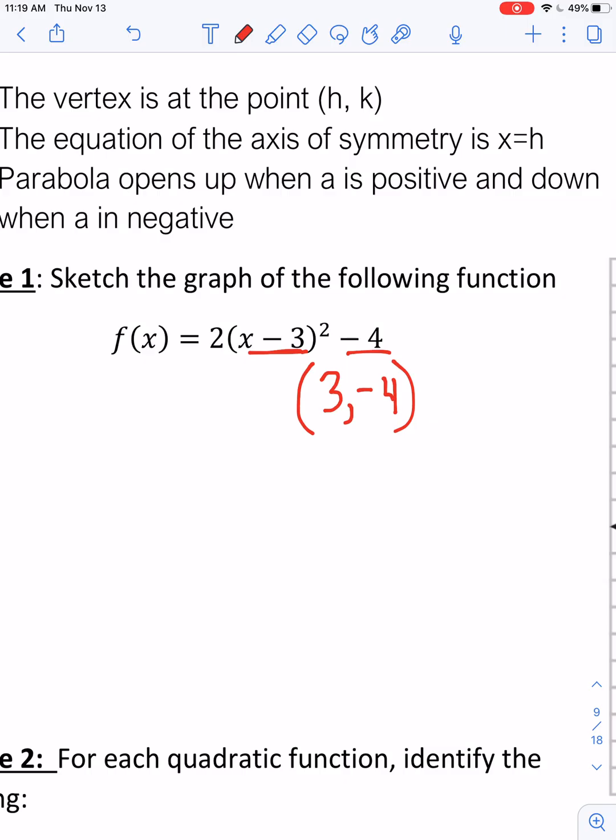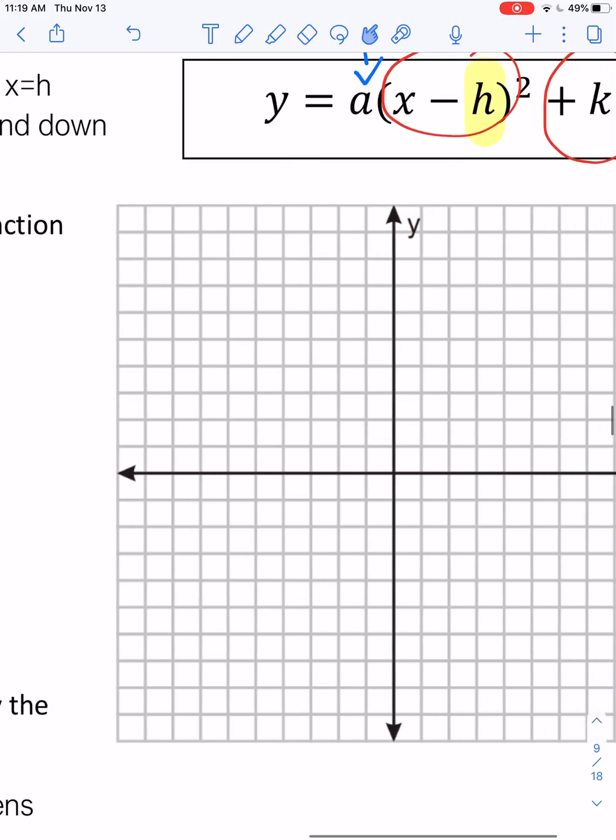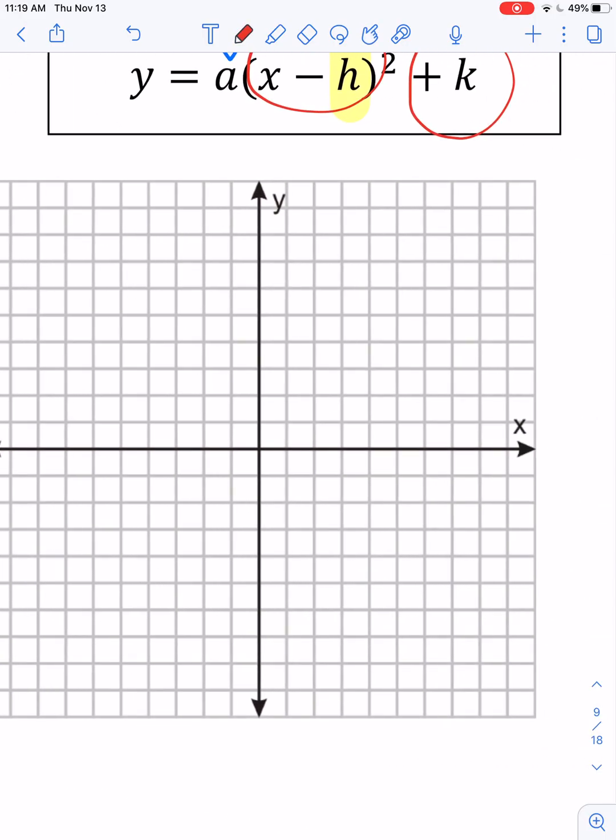And then our a value, because it's positive, means the graph opens up. Perfect. So let's go ahead and try to draw this. We have a vertex of x is 3 and y is negative 4, so it'd be right here.